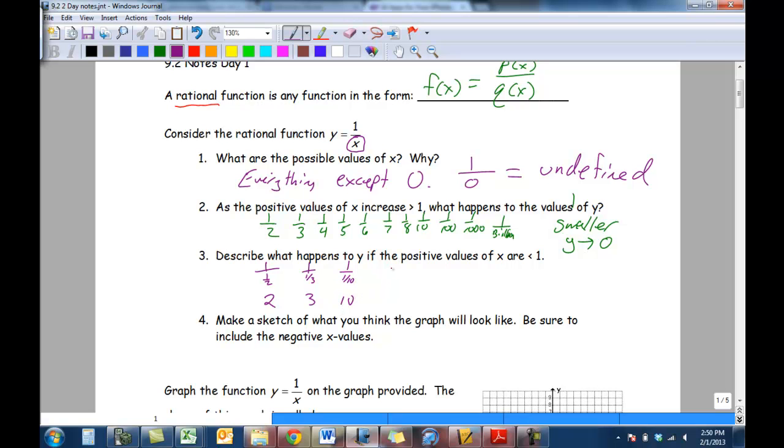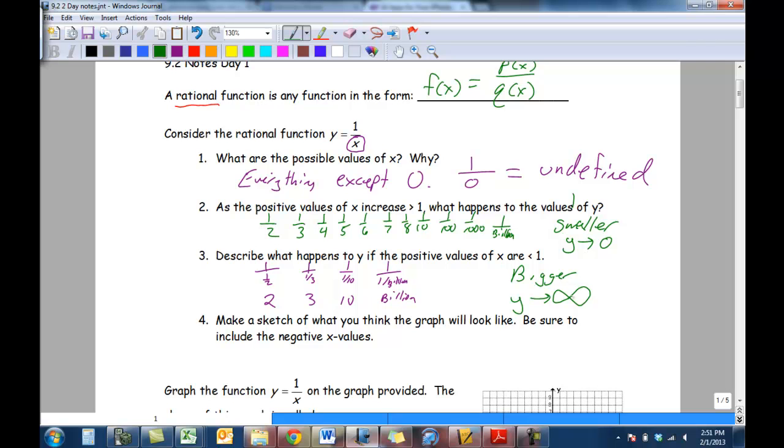That'd be 10. 1 divided by 1/1,000,000,000th would be a billion, right? So what's happening? It's getting bigger and bigger and bigger with no limit. It approaches infinity.